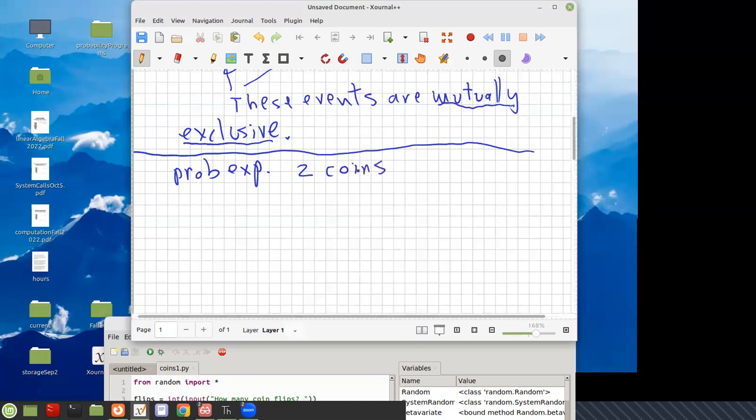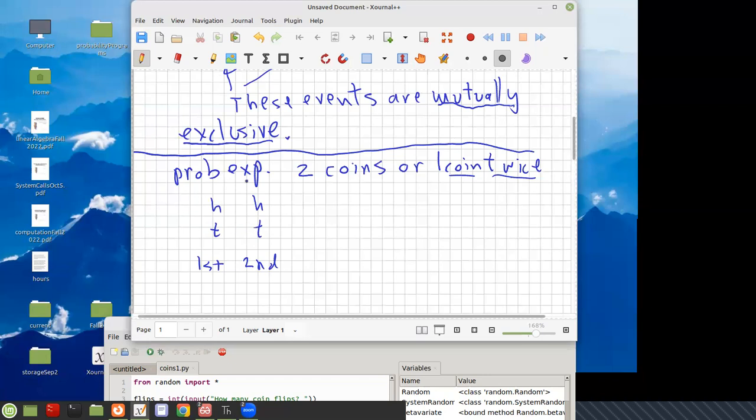I could toss two coins, or one coin twice. Maybe it's simpler to think of one coin twice, because on the first toss you have either heads or tails, and on the second toss you again have either heads or tails.